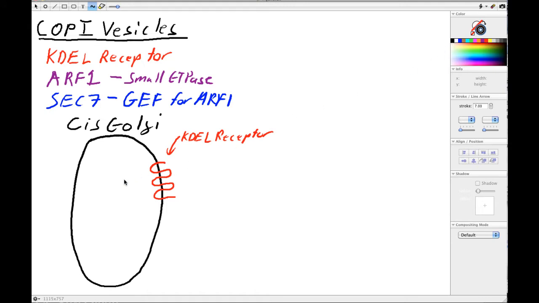And I'm just going to draw a soluble KDEL protein interacting with the KDEL receptor. And when that happens, it starts to interact with SEC7.